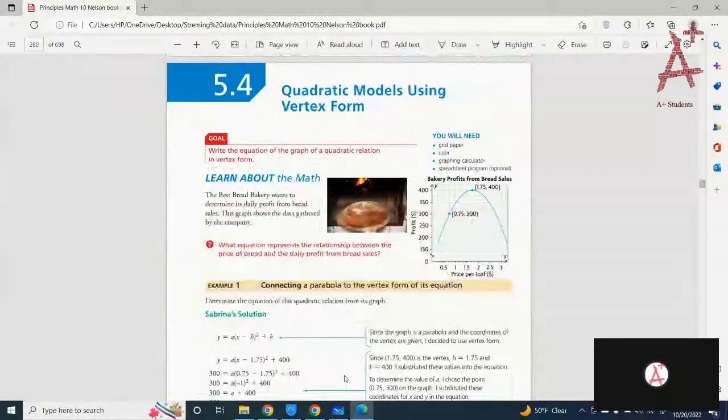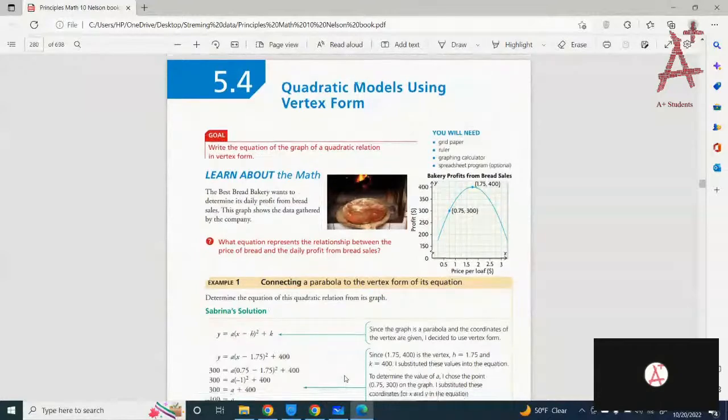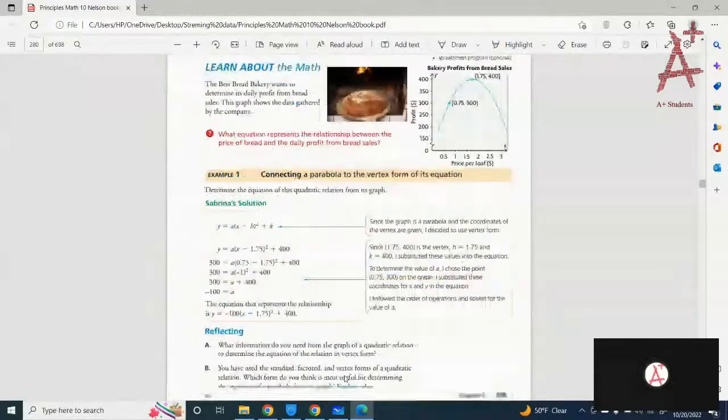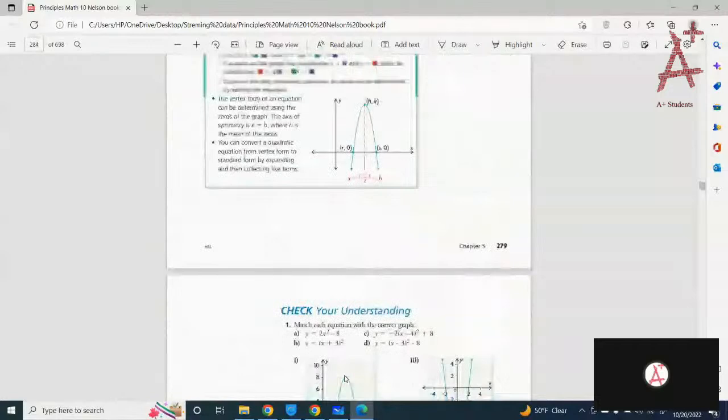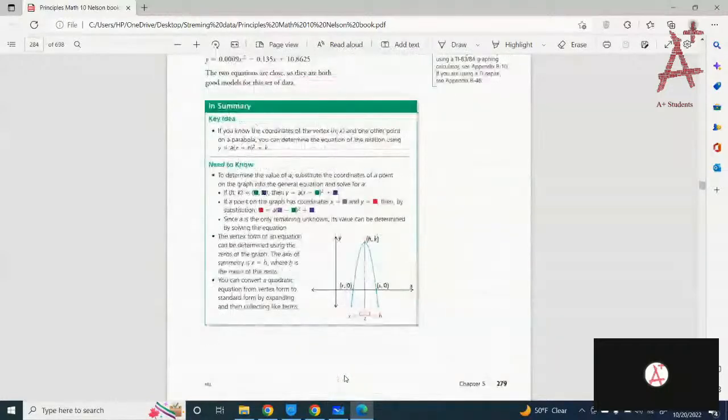Okay, the next one is quadratic models using vertex form. If you know the coordinates of the vertex, h and k, and one other point on a parabola, you can determine the equation of the relation using y equals a times x minus h whole square plus k.